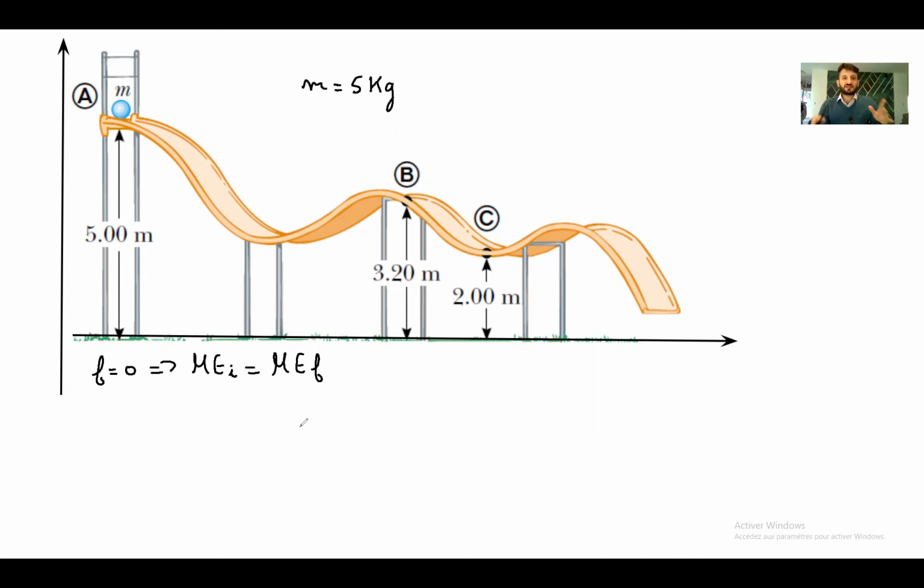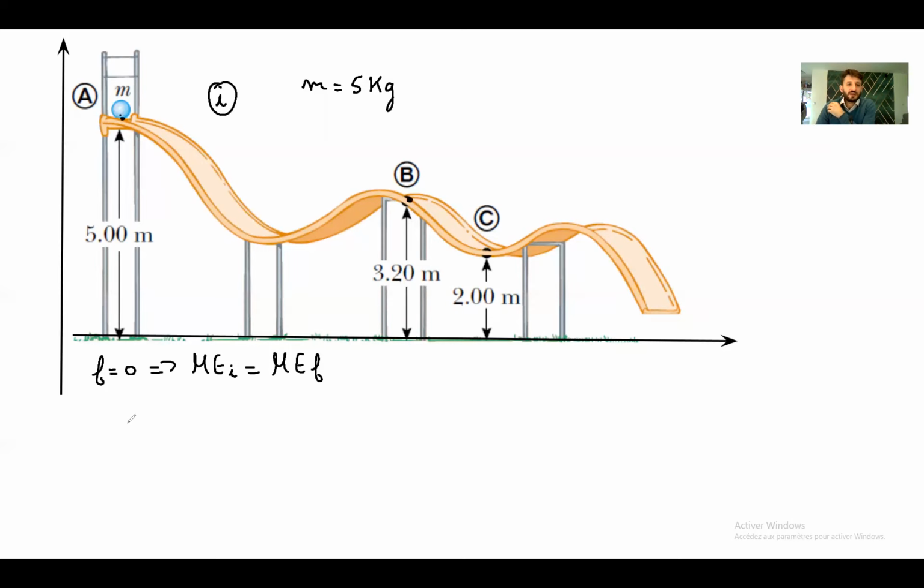We can apply M initial equals M final at any 2 points on the system. Now I take the position where the ball is at this position as the initial state, and when the ball comes to this position, the final state.